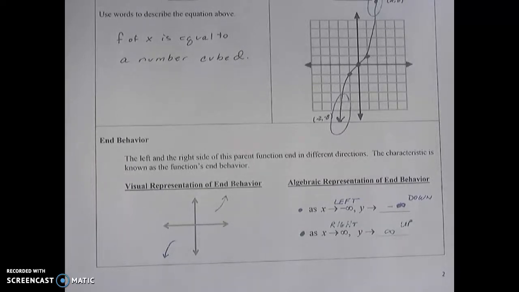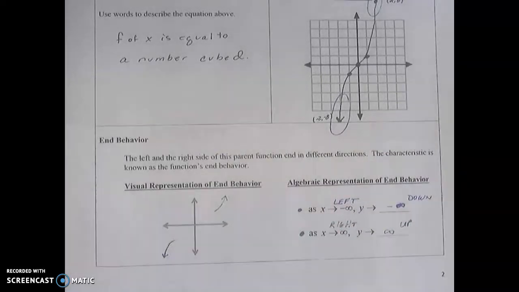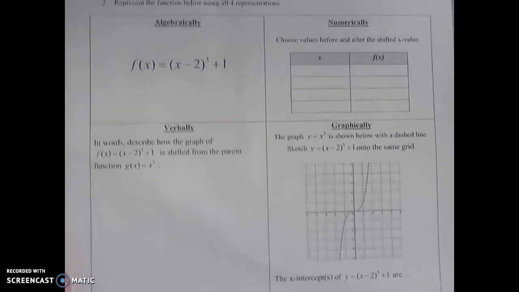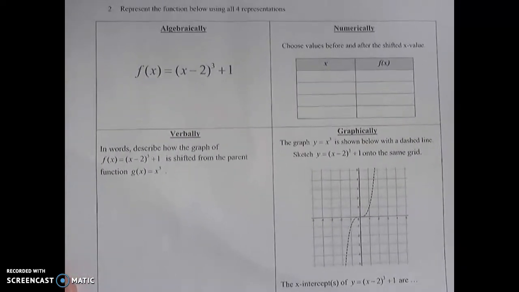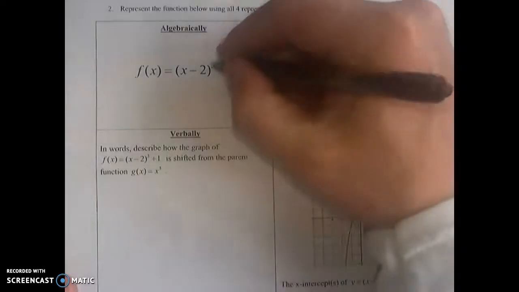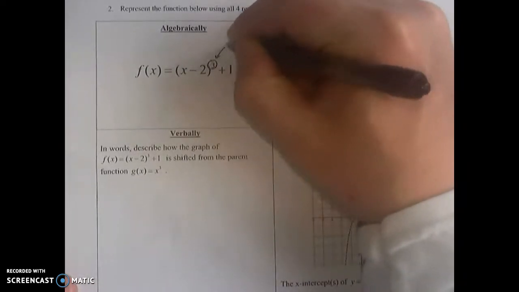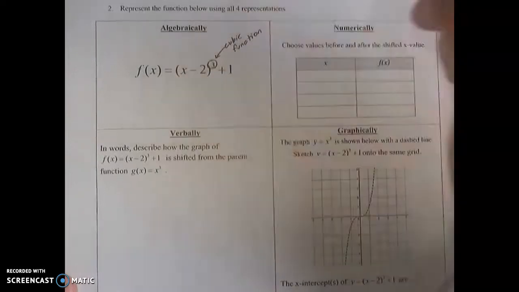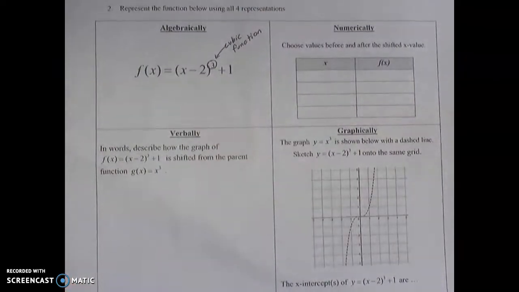So now let's take a look at a transformed cubic function using our shifts and things that we've learned and used in multiple different units and sections here. As you can see, we still have a cubic function here. So it is going to look like the graph of the one we graphed just a second ago.